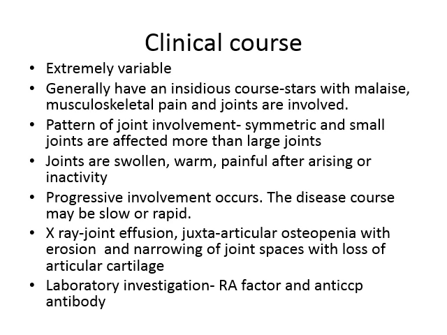X-ray findings: joint effusion, juxta-articular osteopenia, that is osteoporosis, with erosion and narrowing of joint spaces with loss of articular cartilage. In laboratory investigation, we detect RA factor and anti-CCP antibody. So, these are the diagnostic criteria of rheumatoid arthritis.